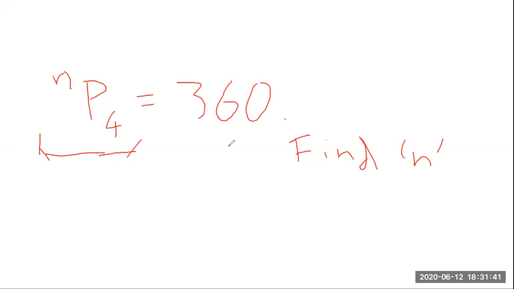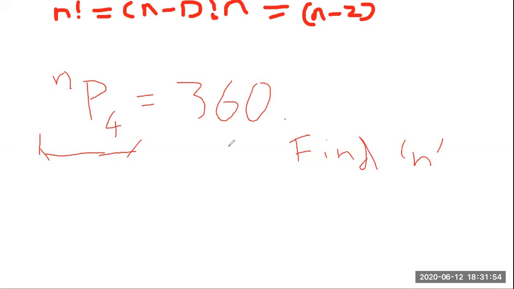So if you have n factorial, that's the same as (n minus 1) factorial multiplied by n, which is also the same as (n minus 2) factorial times (n minus 1) times n.